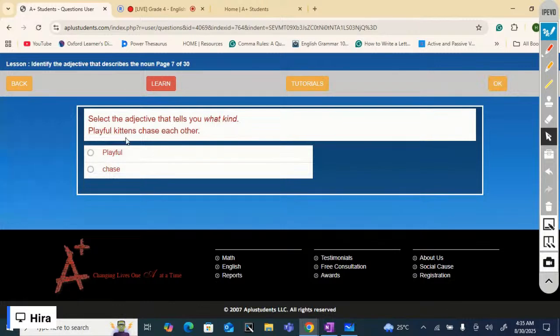Playful kittens chase each other. Now select the adjective that tells you what kind. What kind of kittens? You know what? Sometimes I give you hints as well.